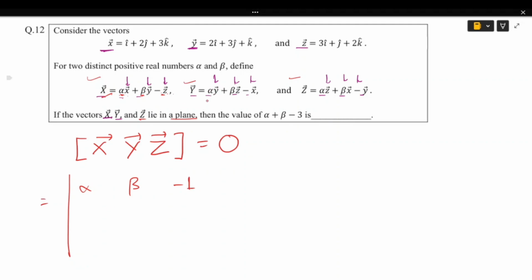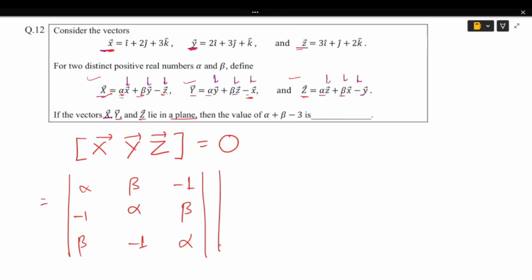For Y, the x coefficient is -1, y coefficient is alpha, z coefficient is beta. For capital Z vector, the coefficient of x is beta, of y is -1, of z is alpha. Now we need to find the triplet product.